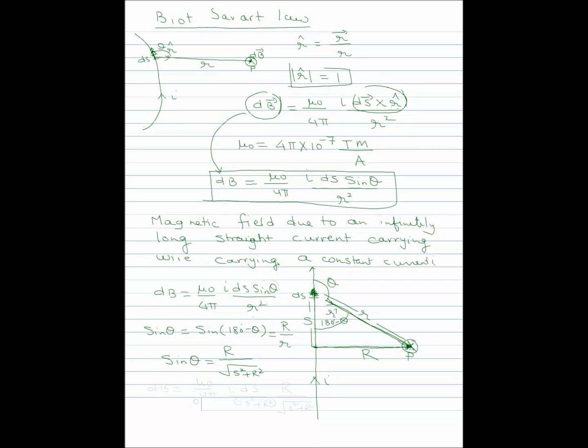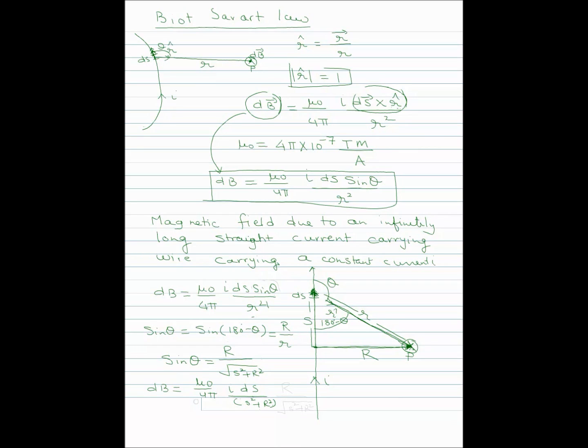Okay, great. So if that's the case, then we can write dB as μ0/4π I ds divided by r², and r² itself will be s² plus r².